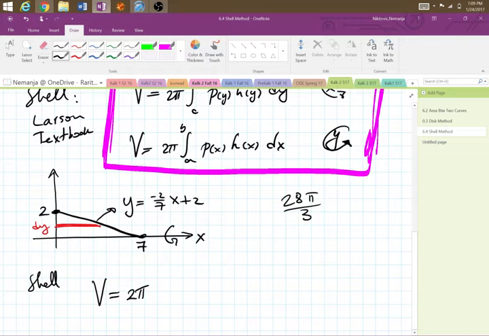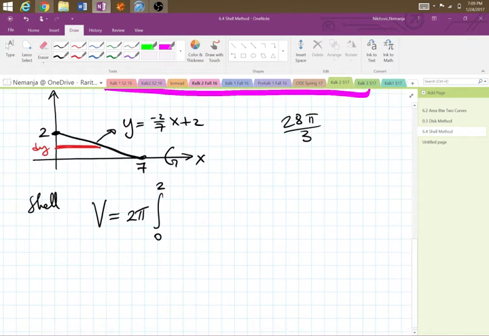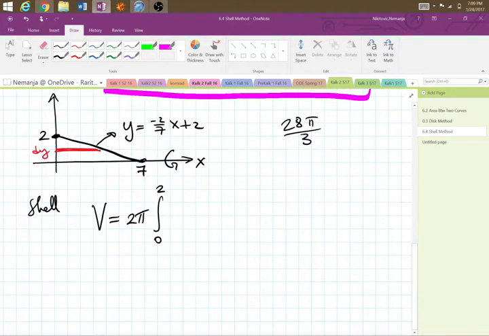So remember that. Integral from 0 to 2, because the bottom rectangle starts at 0 and it goes up to 2. The position function p in this case is just y, because it's sweeping all of the values from 0 to 2.